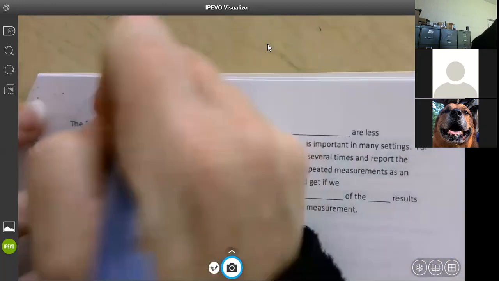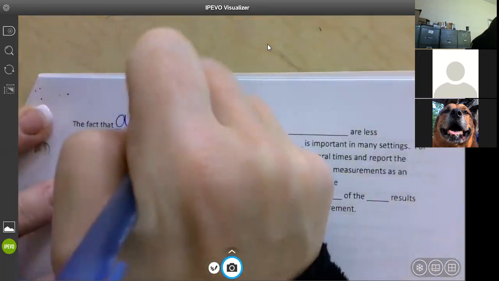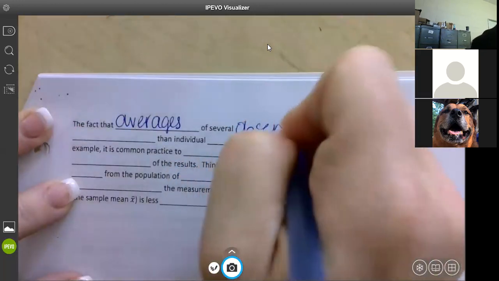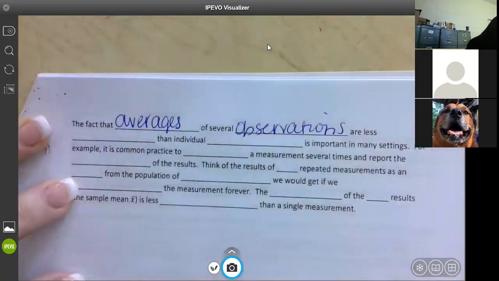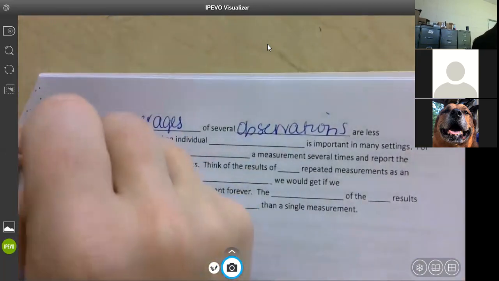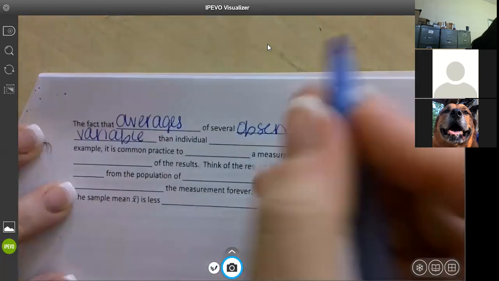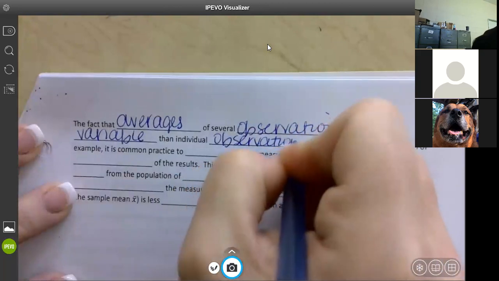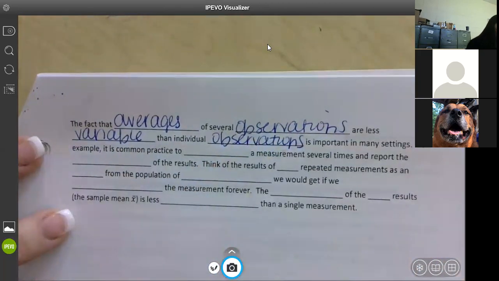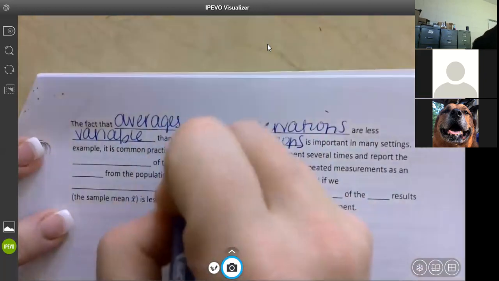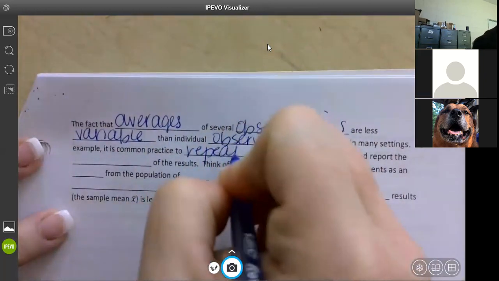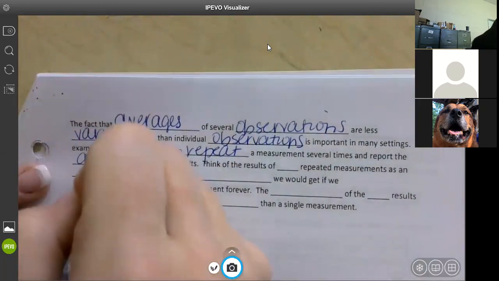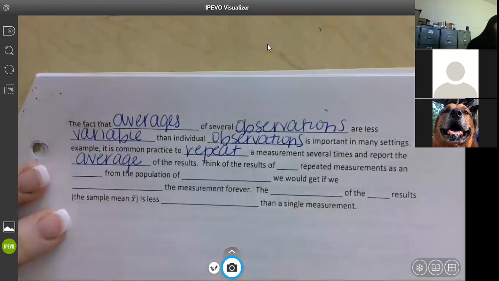So the fact that averages of several observations are less variable than individual observations is important in many settings. For example, it is common practice to repeat a measurement several times and report the average of the results.